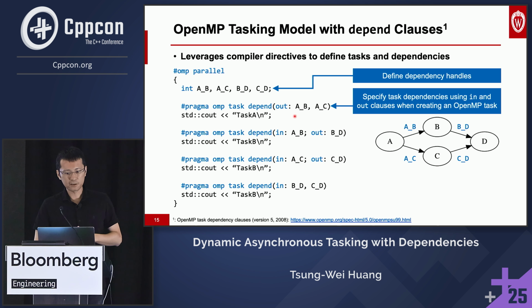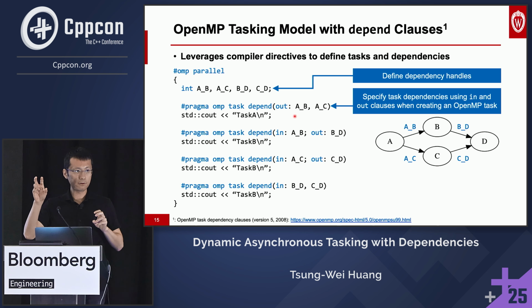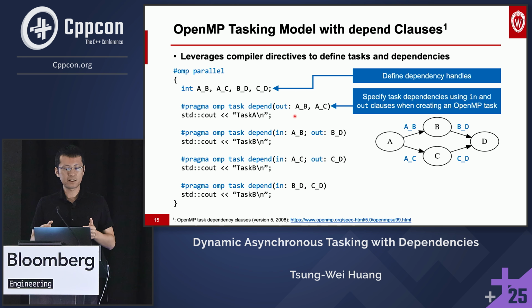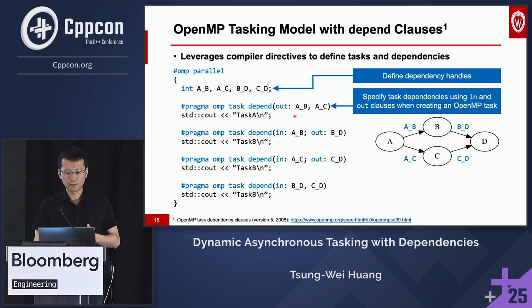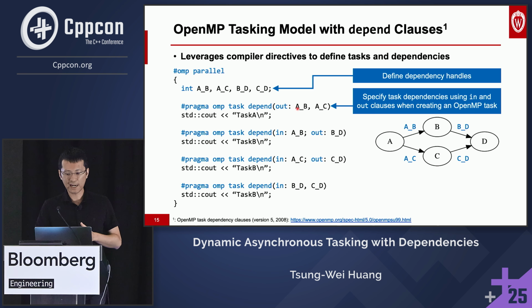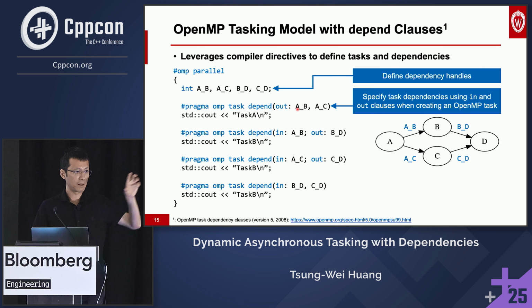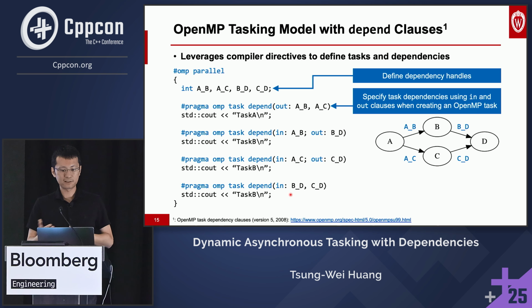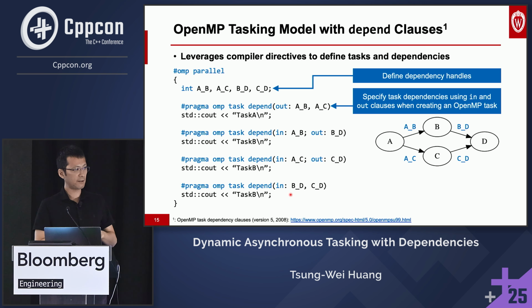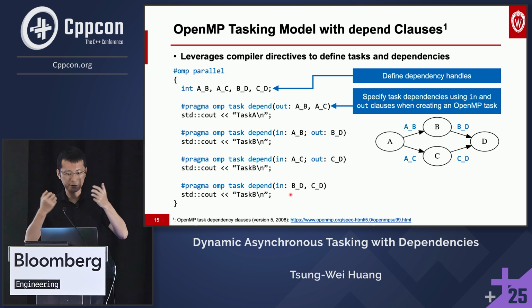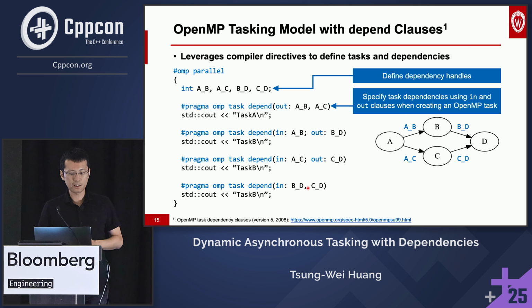Then, we can specify the task dependencies using the in and out clauses when creating an OpenMP task. For example, task A has 2 outgoing dependencies to B and C, right? So we need to put AB and AC inside the out clause. Similarly, task D has 2 incoming dependencies from B and C, and this is why we need to specify BD and CD inside the in clause.